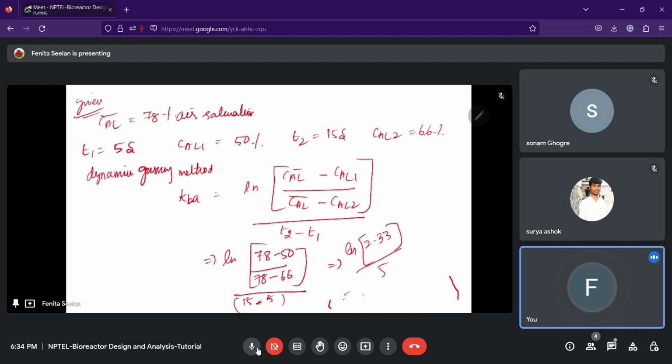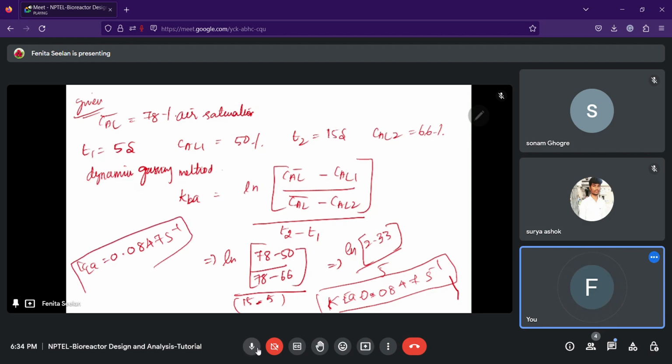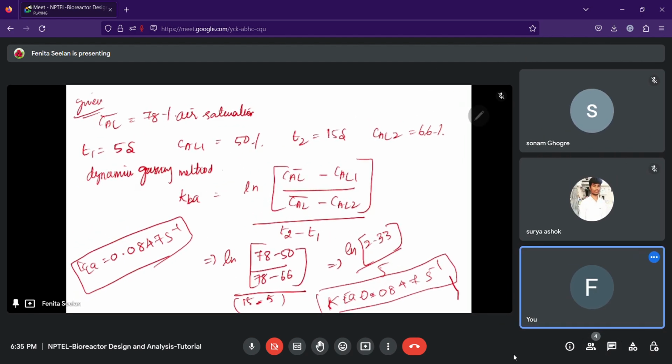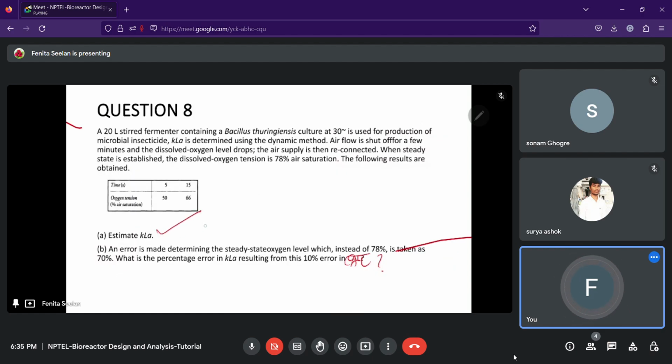So your KL is 0.0847 second inverse. You estimated the KL, which is 0.0804 second inverse.